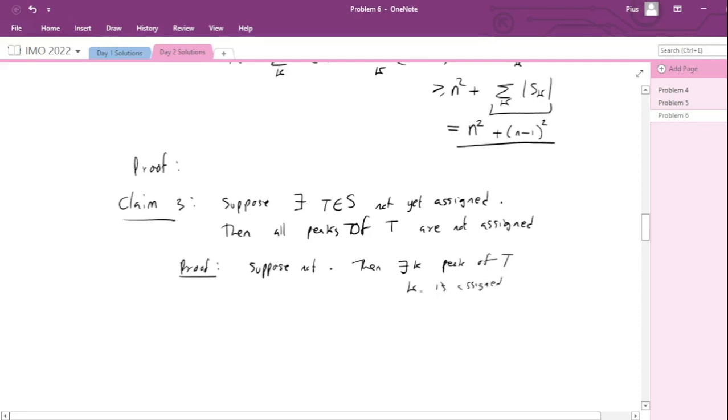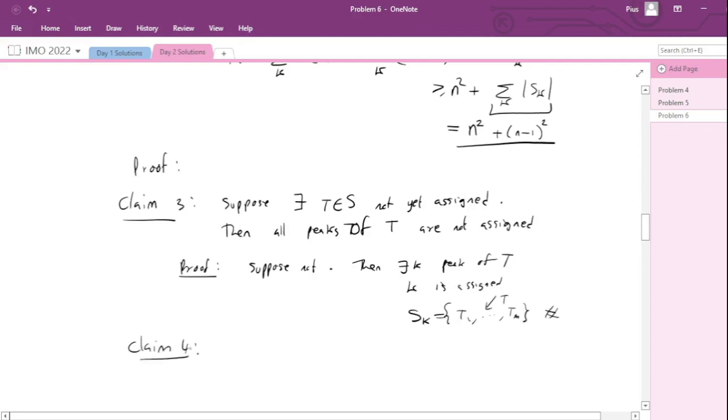Since K is assigned, it means that either we'd already, while we're forming K, SK, either T was already assigned, but it's not the case, in which case it would have appeared among the sets T1 up to Tm, whatever M was. Okay, so this would be a contradiction. So T will be here. That'll be a contradiction.